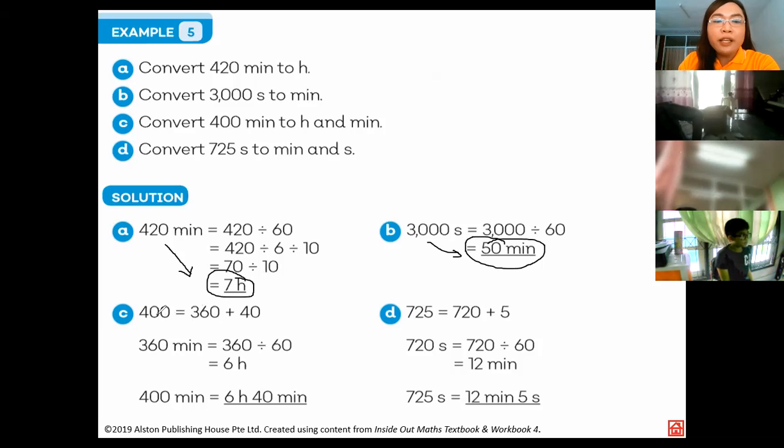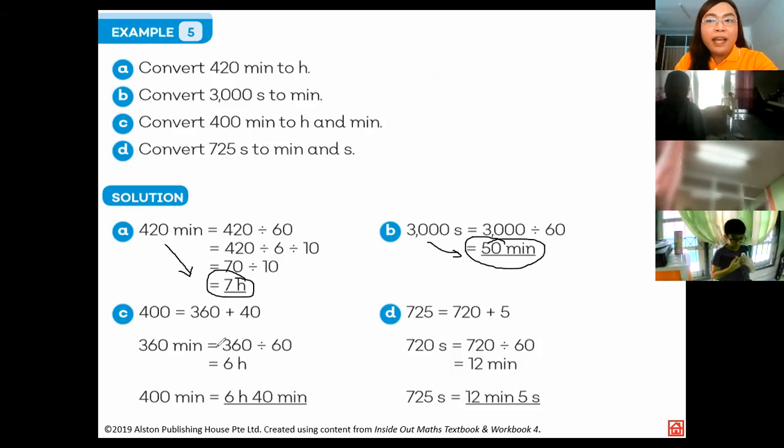So 400 will become 360 plus 40. So again, 360 plus 40 is equivalent to 400. So 360 is divisible by 60. So that's 6 hours.